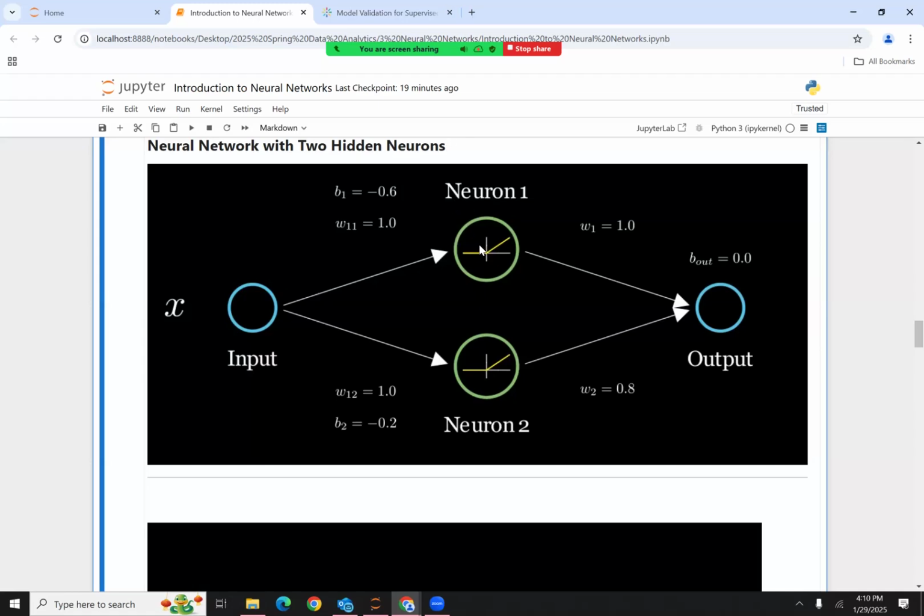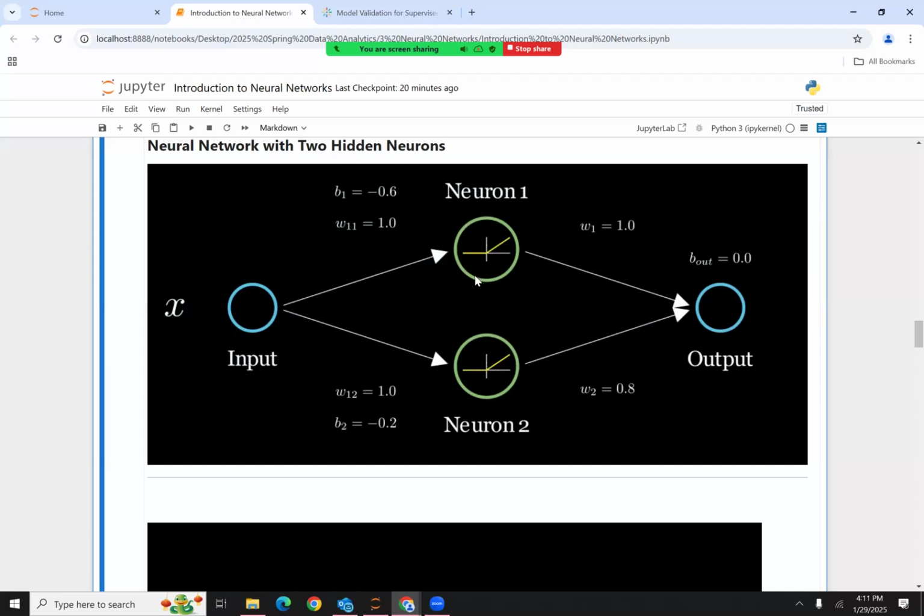This is one hidden layer containing two neurons. And I have the corresponding weights and biases going to neuron 2. And then from over here, I'm going to have a weight that multiplies the output of hidden neuron 2, and then another weight that multiplies the output of hidden neuron 1. And then I add a bias to both of these. And finally, I get my output.